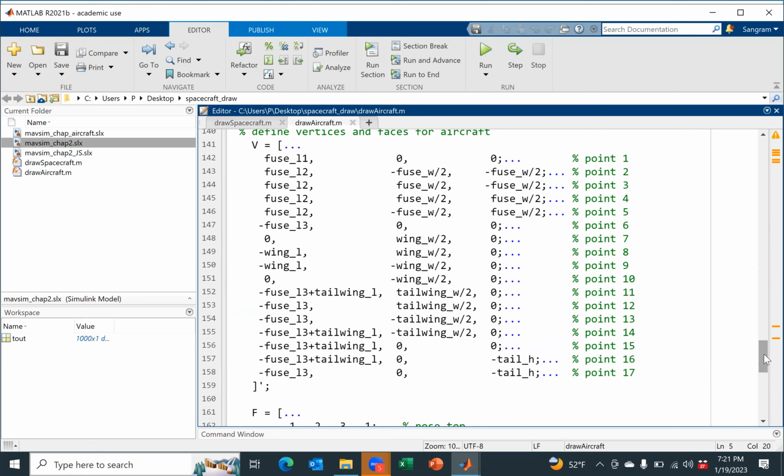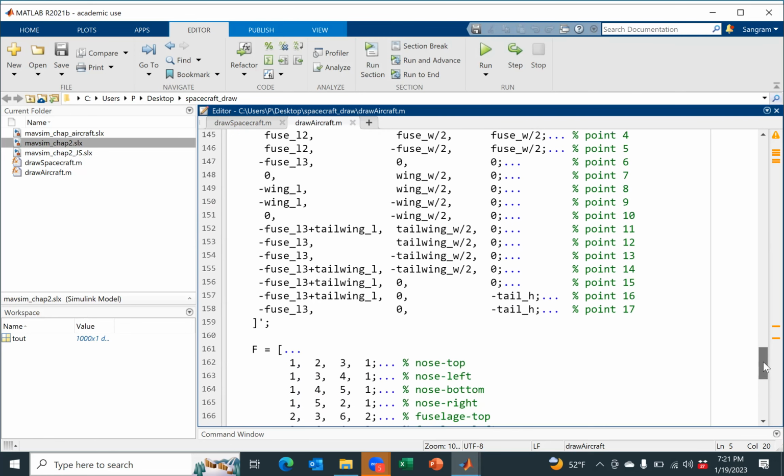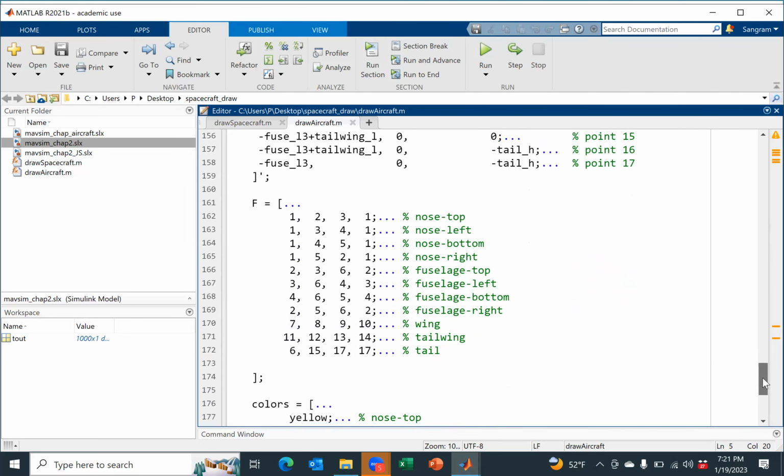You are welcome just to input the numbers. And once you make that change, then instead of spacecraft, it will draw aircraft. And everything else is going to remain the same.